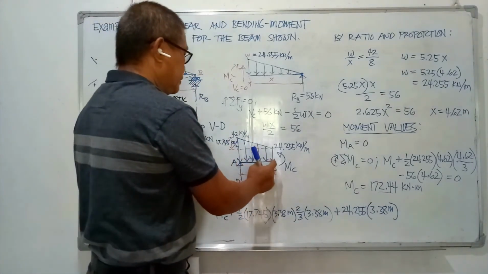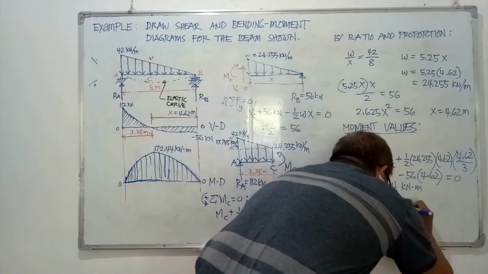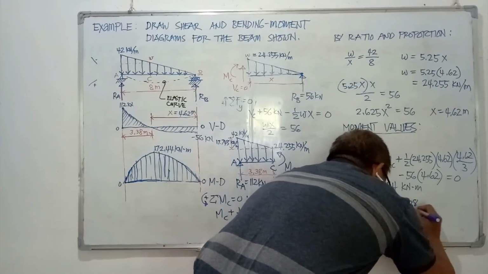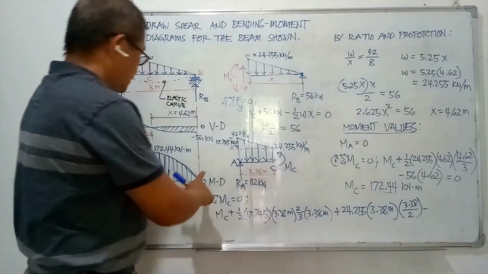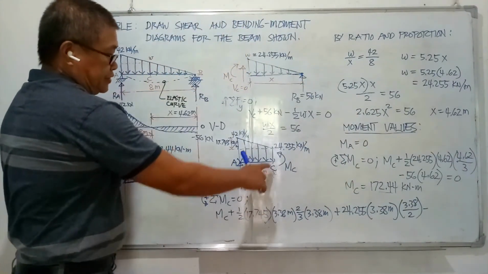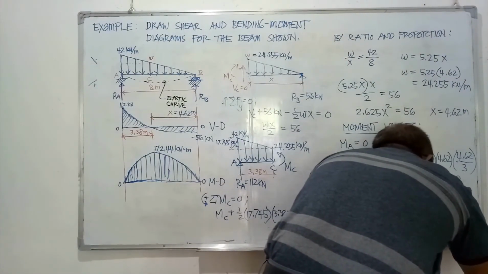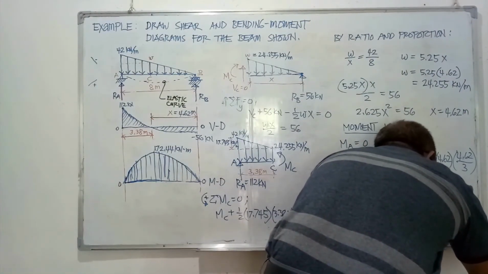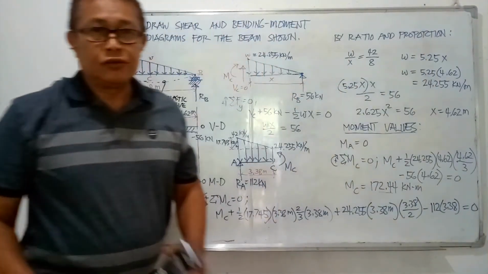The moment arm from point C is 1/2, so this is times 3.38 divided by 2. Minus the moment of R sub A from point C, 112 times 3.38, should be equal to 0.